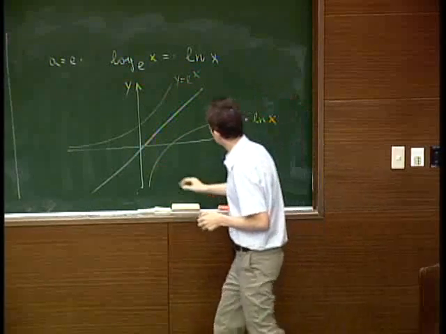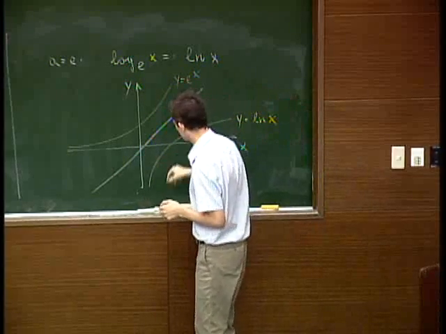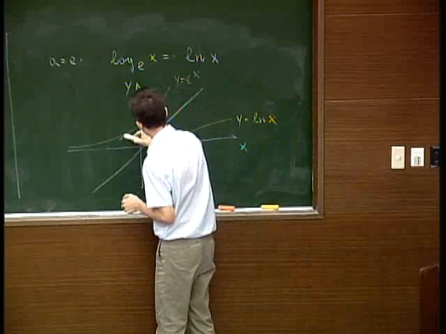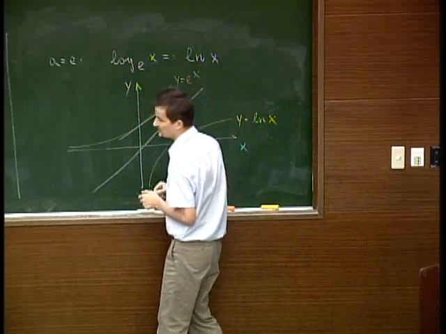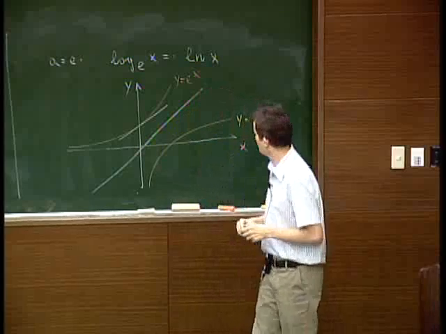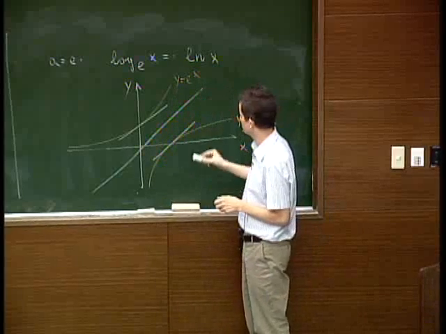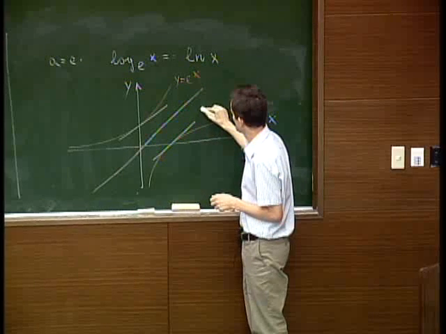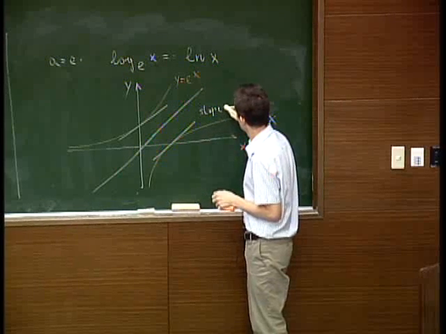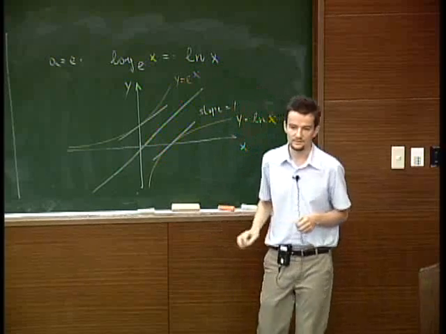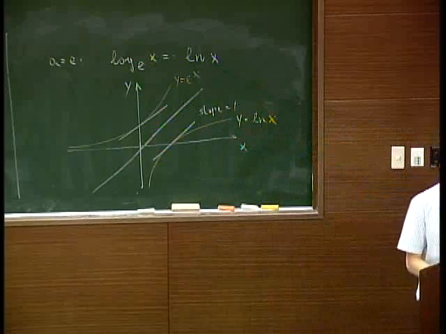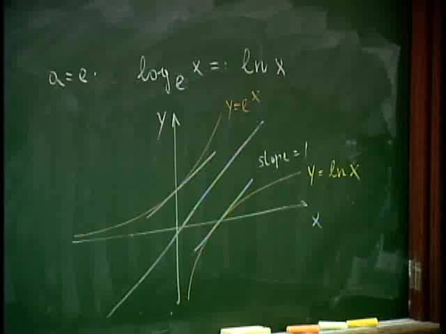Now, we know that the number e was defined in such a way that the slope of the tangent at 0 is equal to 1, and by this reflection principle, you immediately get that also the slope of this tangent will be equal to 1. This is one property.